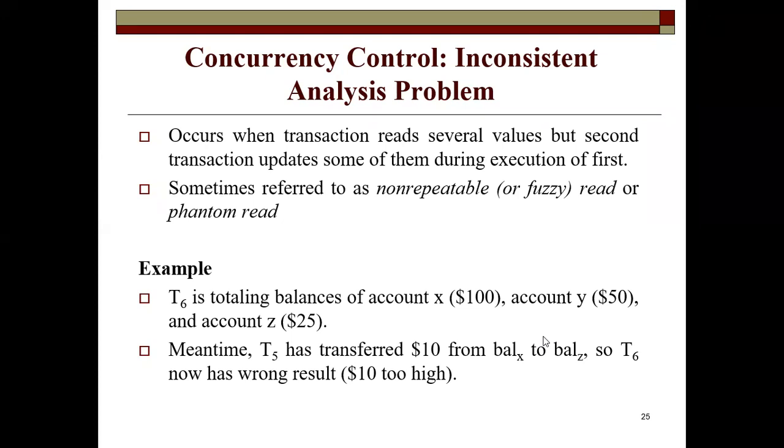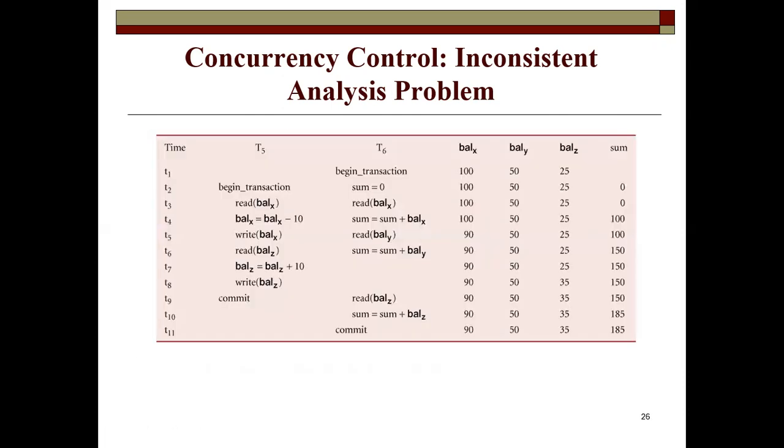So you have T6, which is seeking to sum up the values in 3 accounts, that's X, Y, and Z. Whereas T5, on the other hand, is seeking to transfer $10 from account X to account Z. And so this is how the interleaving was done to lead to this challenge.